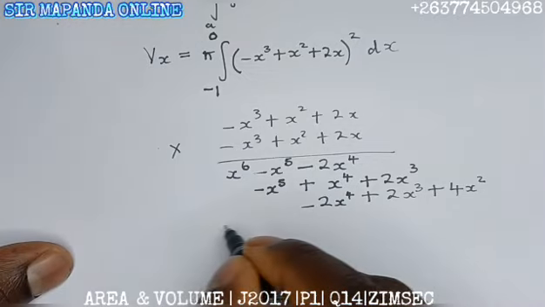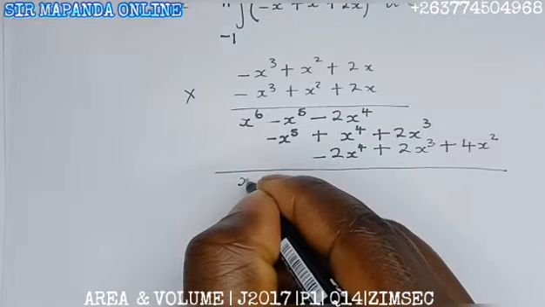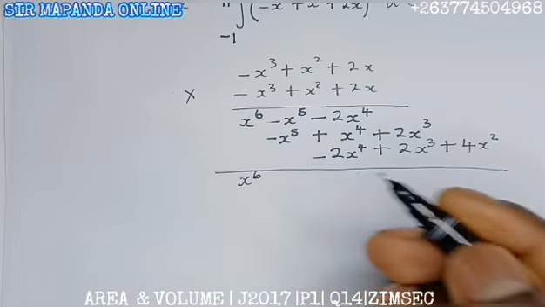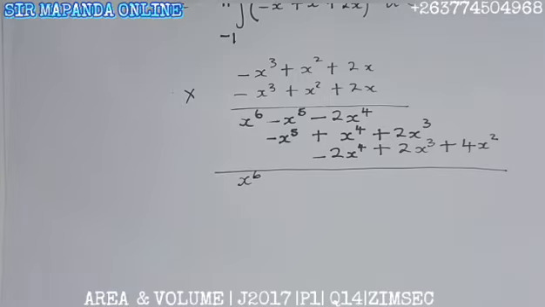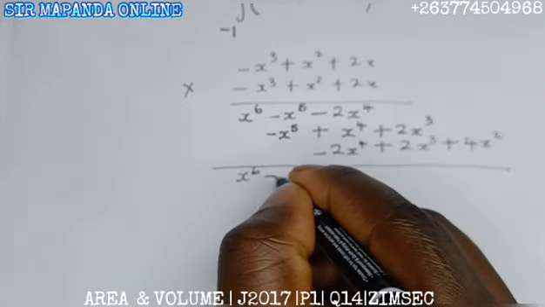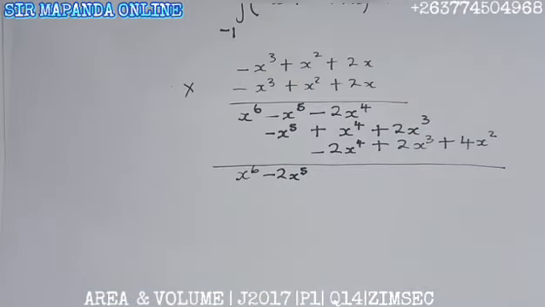Then adding the terms vertically, x to the power of 6 is your first term, minus x to the power of 5, minus x to the power of 5, you get minus 2x to the power of 5, right?